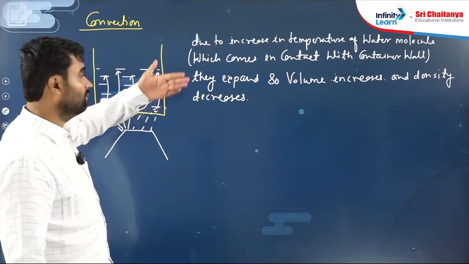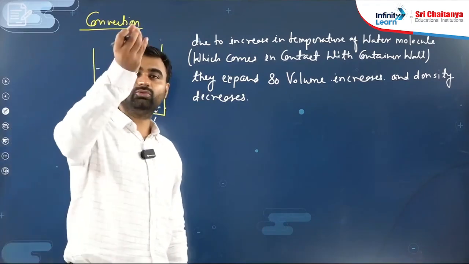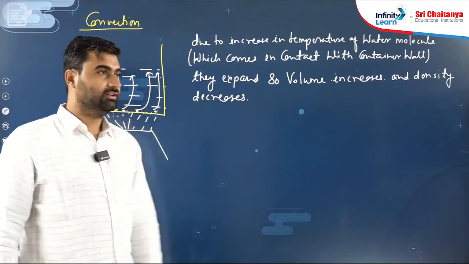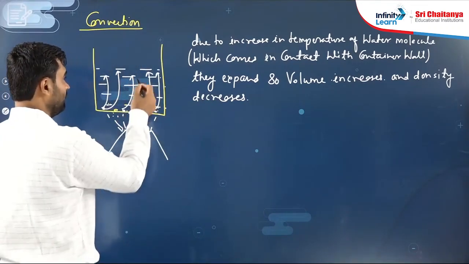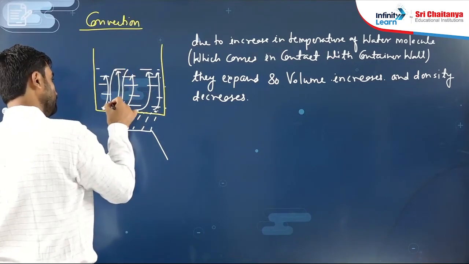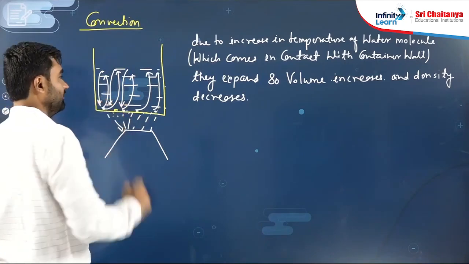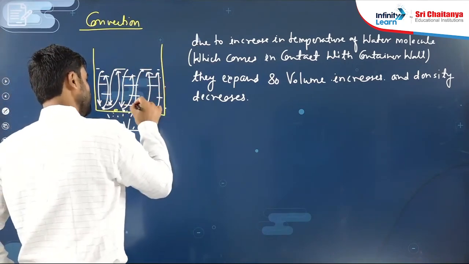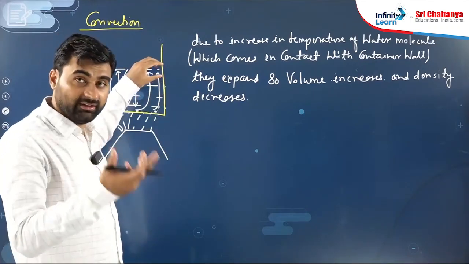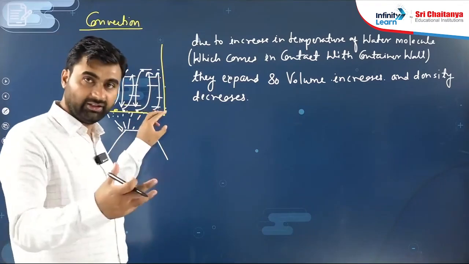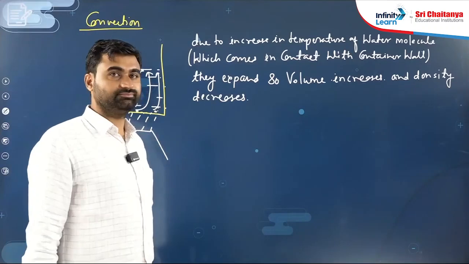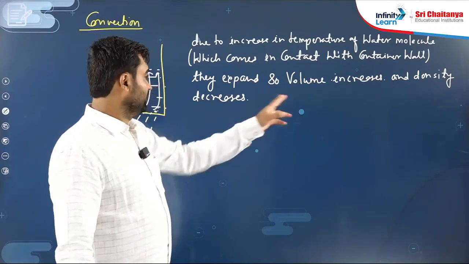So low dense will move up, anything light will move up, and high dense will move down. At the same time, as these molecules move up, those molecules will move down. Why? Because these molecules' density is higher than those which expanded; their volume increases and their density decreases.